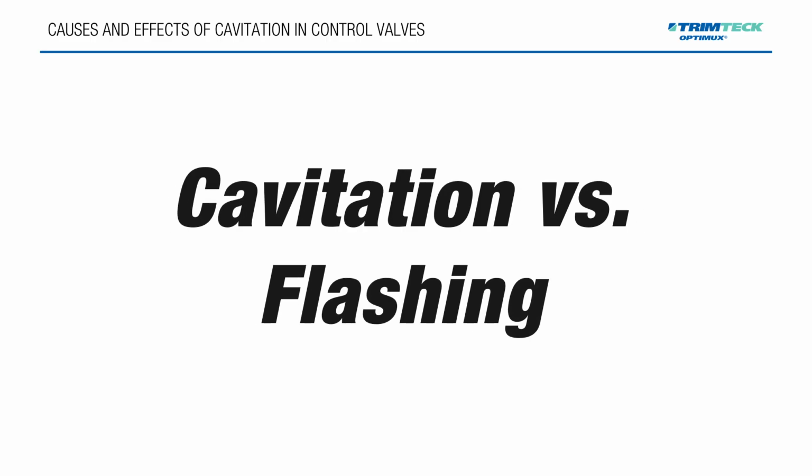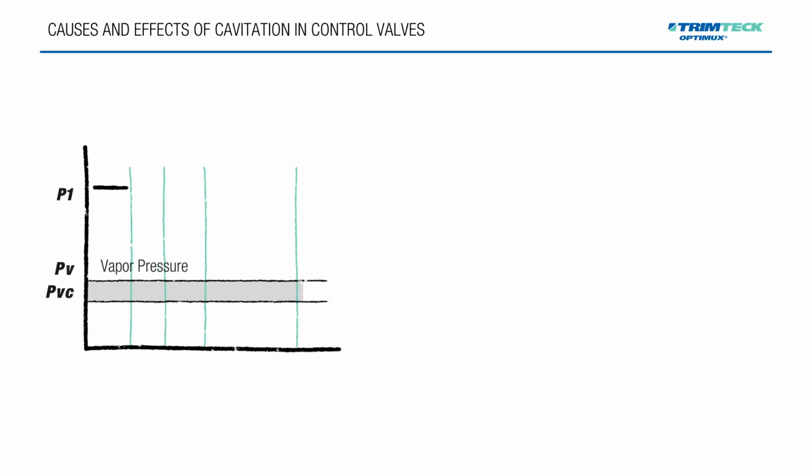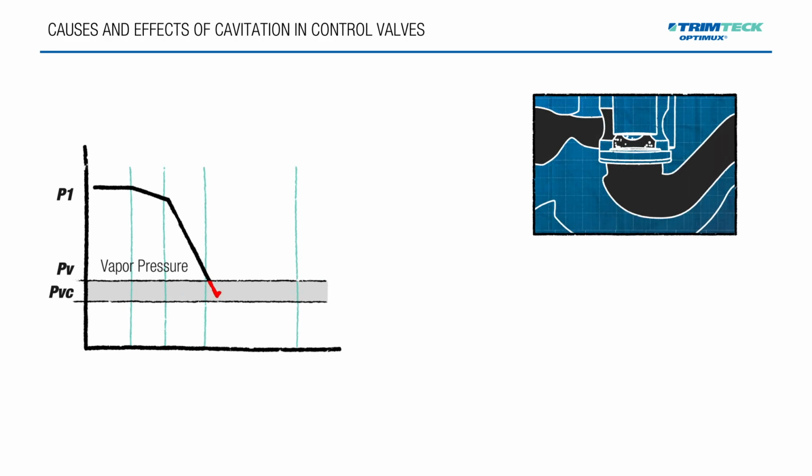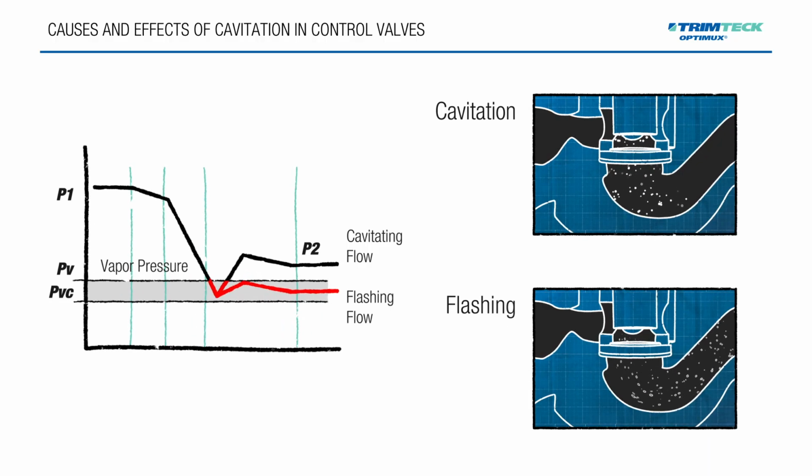Cavitation versus flashing. If pressure recovers above the vapor pressure, the bubbles collapse. That's cavitation. But if pressure stays below vapor pressure, the bubbles never collapse. The fluid remains a vapor-liquid mixture downstream. That's called flashing.